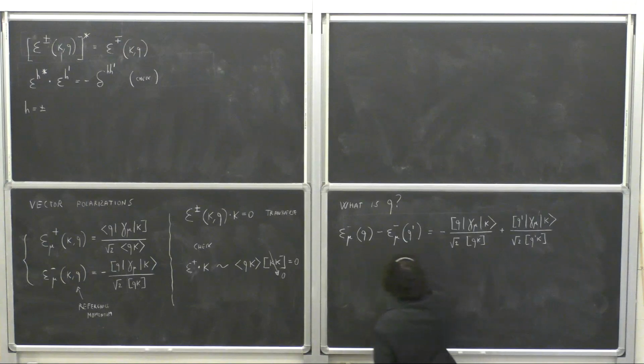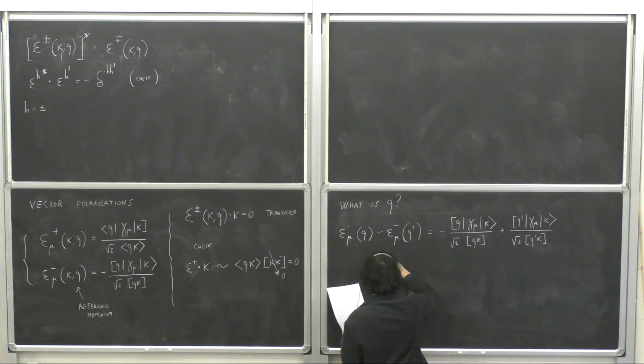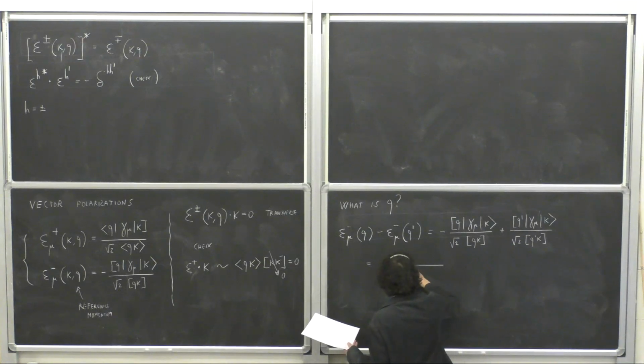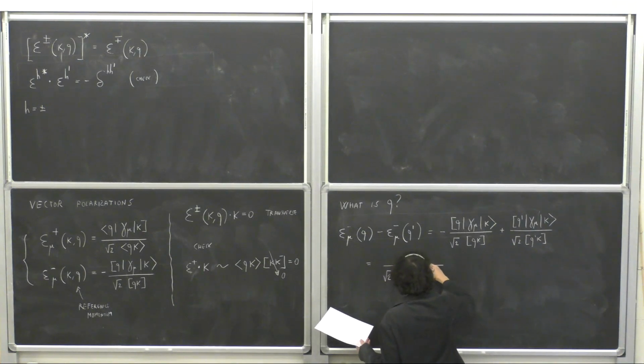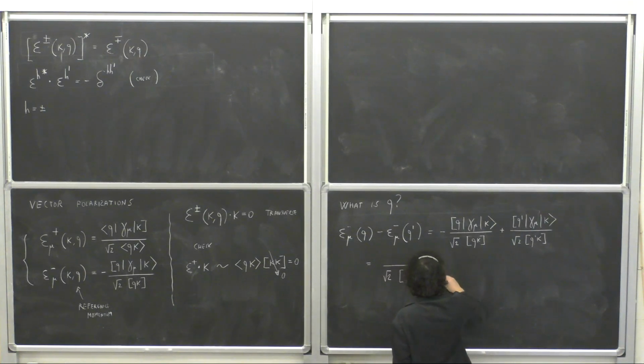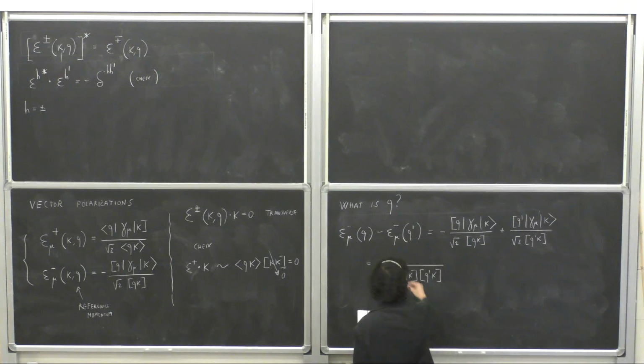Okay, so far not terribly enlightening, but now let's collect and use some identities. So let me just make a common denominator here, QK, Q prime K. And let's see what we are getting in this particular case.